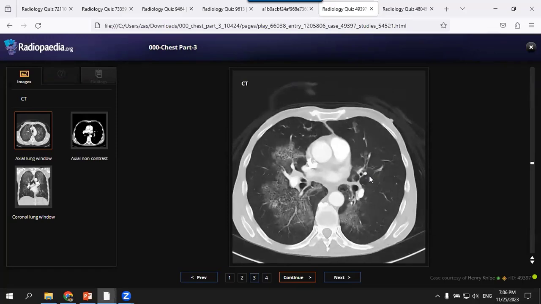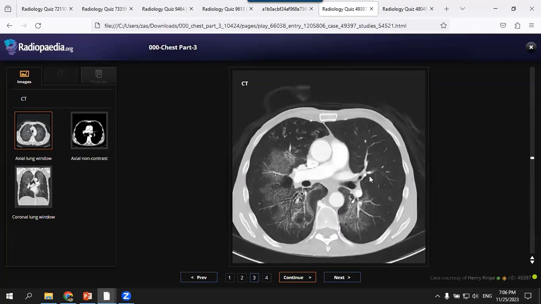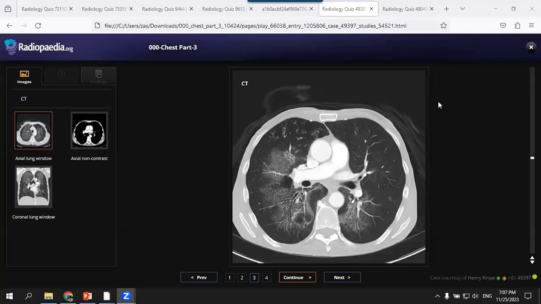There is no pneumothorax, and I will continue to the rest of the images to confirm that there is no pleural effusion. There are mild right hilar and small mediastinal lymph nodes or hilar lymph nodes. Again, I will say the same thing. If he is coming with acute illness, pneumocystis jirovecii will be on top of my differential diagnosis.